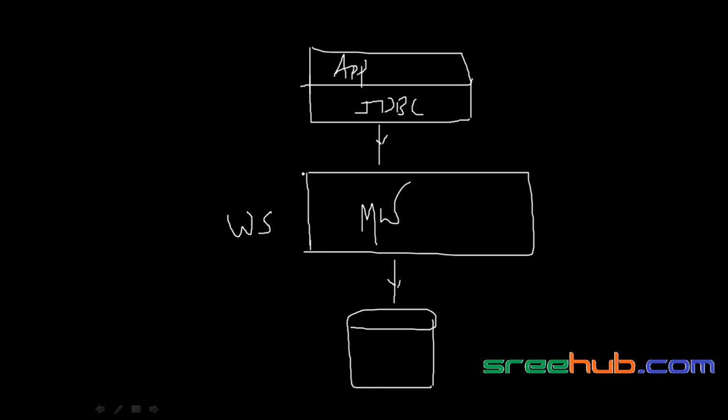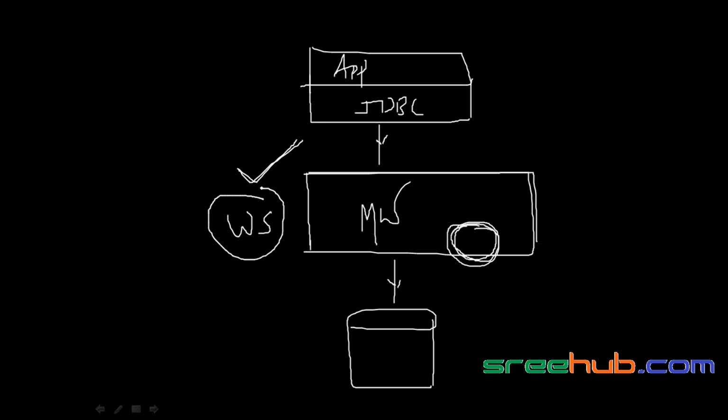What happens here is, in this web service you can use one more driver. It is not actually a driver, it's a virtual driver which internally uses some other driver. Let us say you are creating some middleware, a web service.